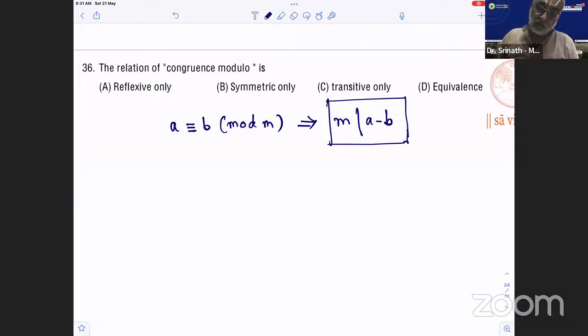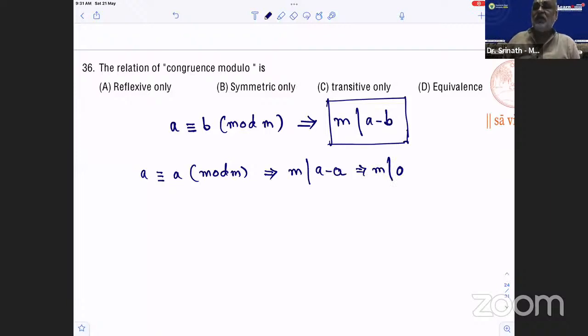Now, is a congruent to a mod m? a is congruent to a mod m means m divides a minus a, which means m divides 0. See, in mathematics, you should remember every number divides 0.